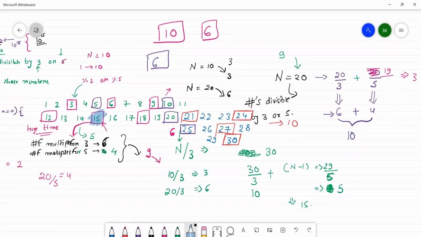And 30 is also getting repeated. Two numbers are getting repeated. So overall, what should be the count? 14. So will your trick work here now? Will the trick work? No.